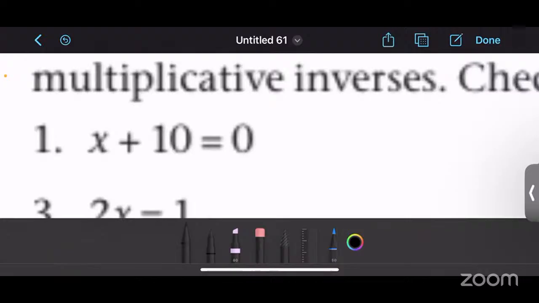And it's always advisable to keep the variables on the left side, on the side where they are positive, so you don't have to multiply by negative at the end when you find your final answer.